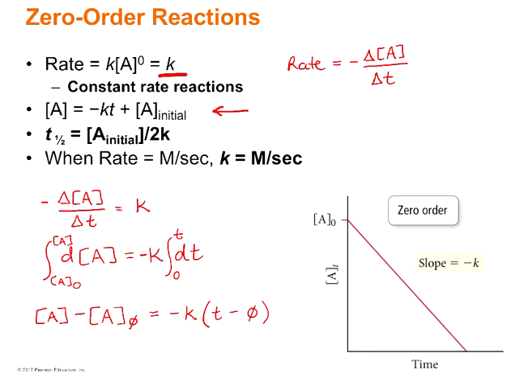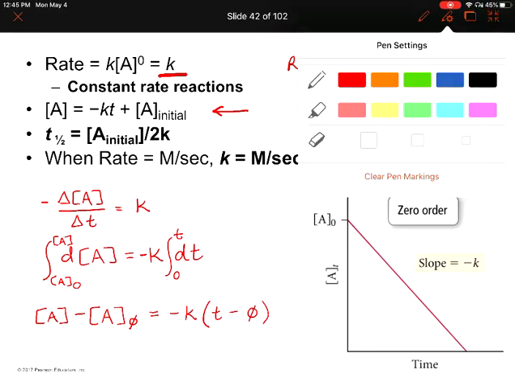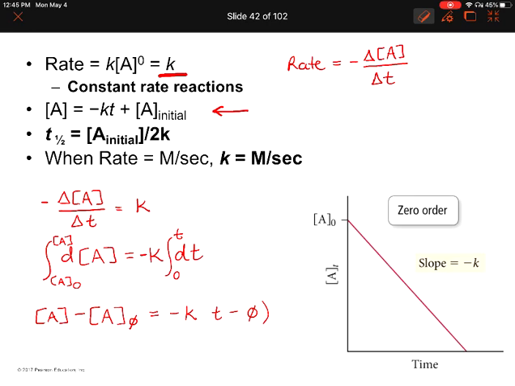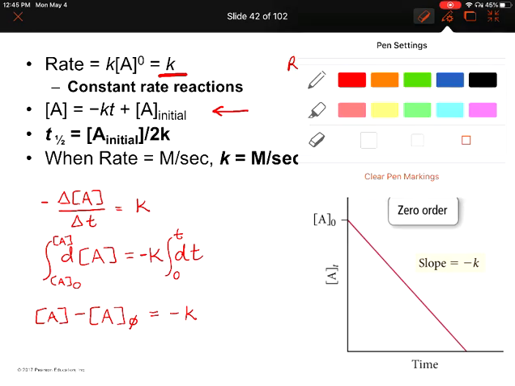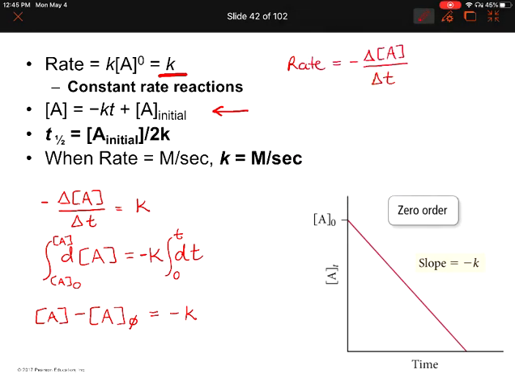So really, the right-hand side of the equation just simplifies to kt, because we're just going to subtract by 0 there. And then we're going to rearrange so that we have an expression for the concentration of A. All right, so that gives us the same expression we saw above.